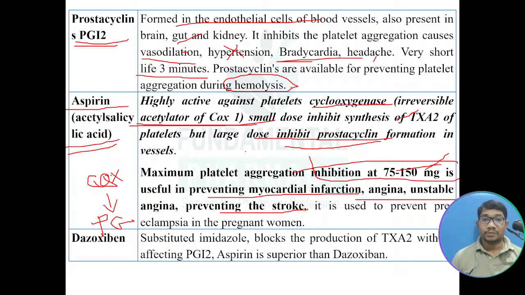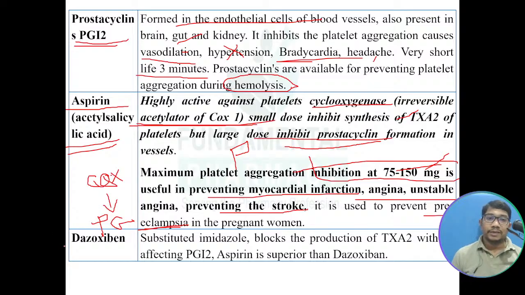For prophylaxis, meaning prevention, of myocardial infarction, angina and stroke, we give aspirin, acetyl salicylic acid. It is also used to prevent preeclampsia. What is preeclampsia? It is hypertension in a pregnant woman.